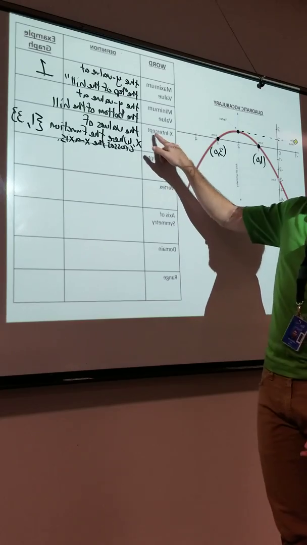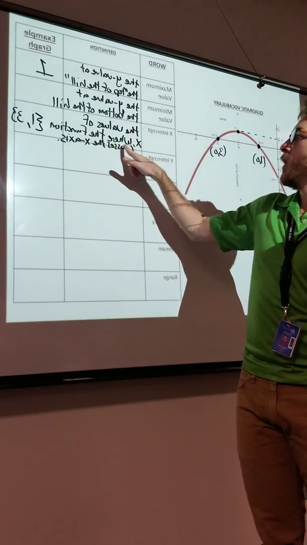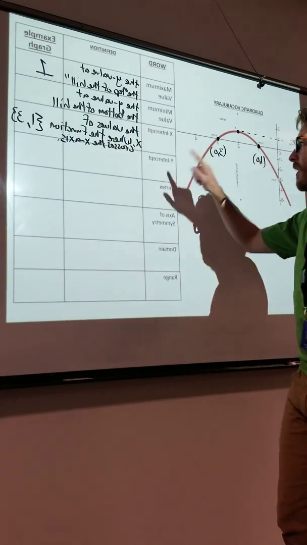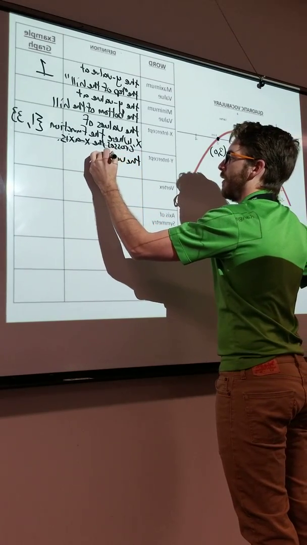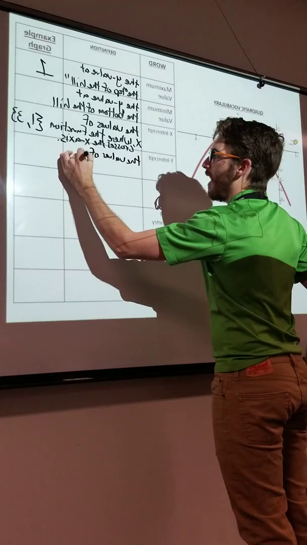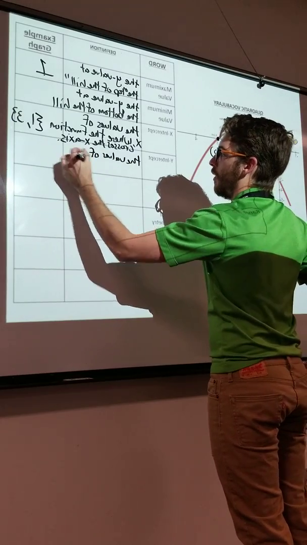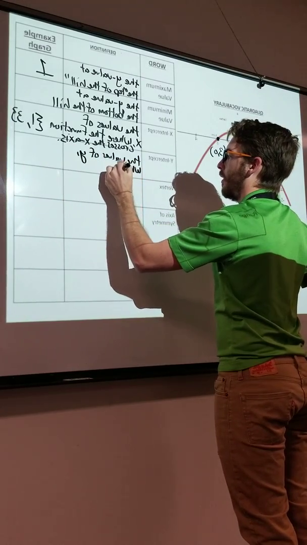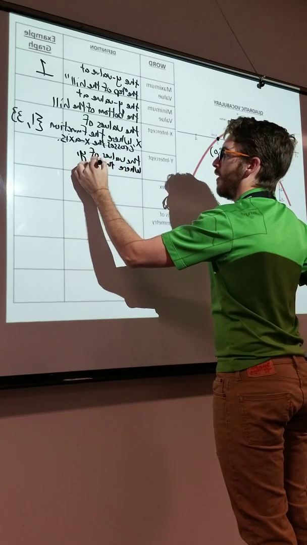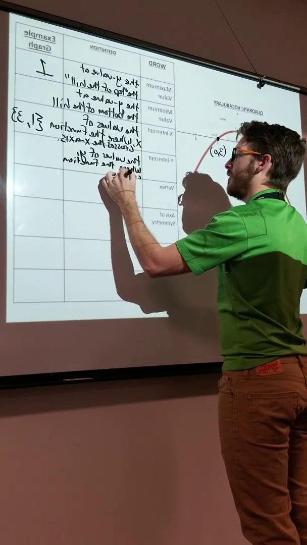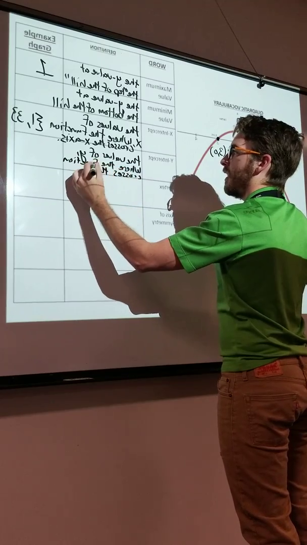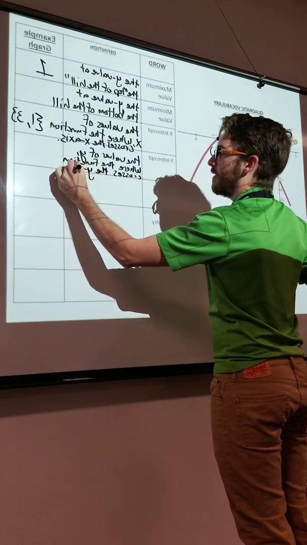And so if x-intercepts are the values of x where the function crosses the x-axis, y-intercepts are the values of y where the function crosses the y-axis.